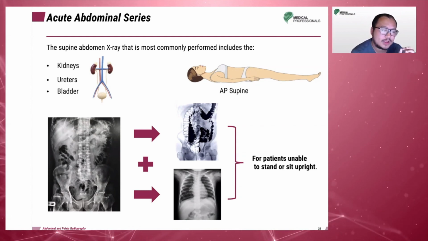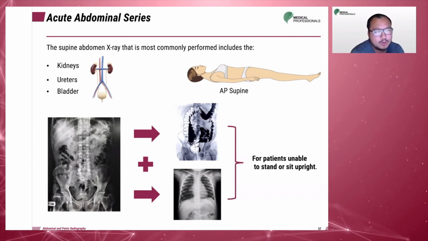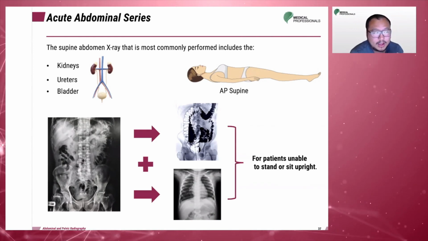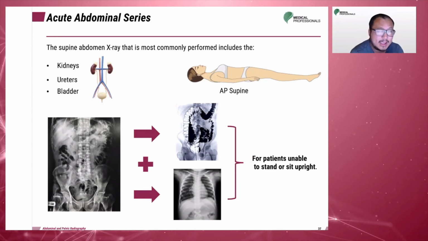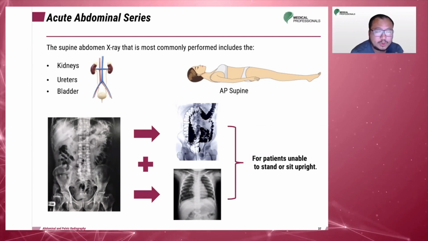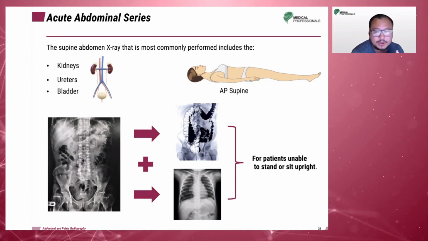Okay, so with air fluid levels, we potentially need either an upright standing abdominal x-ray, or potentially, a left lateral decubitus x-ray.